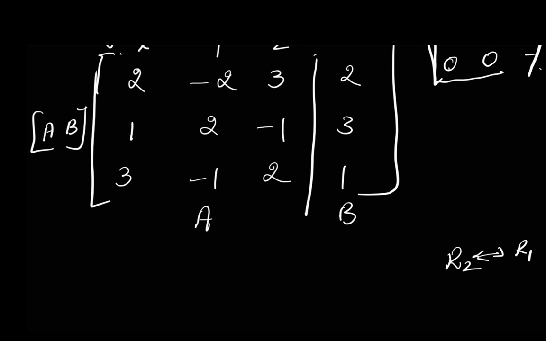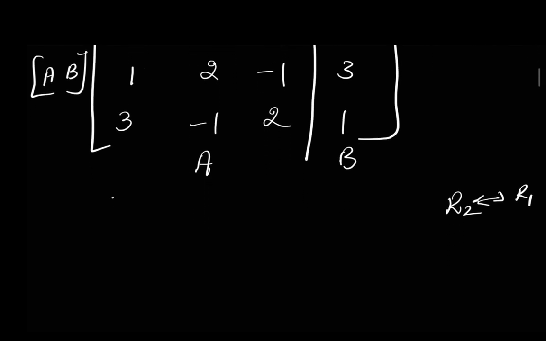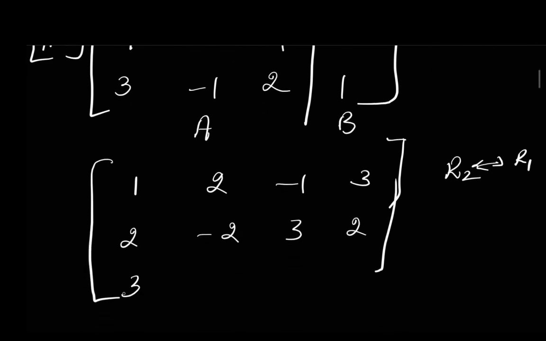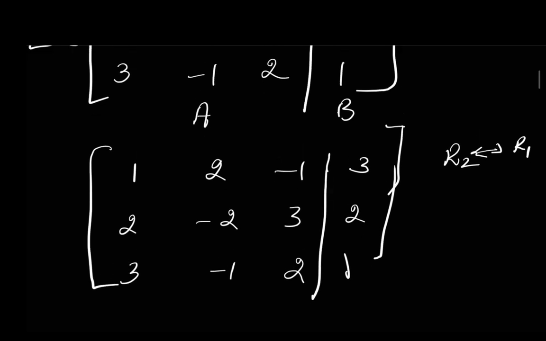First elementary transformation is, we write R2 as R1: 1, 2, minus 1, 3. And R1 is 2, minus 3, 2. Write the third one as it is: 3, minus 1, 2, 1. So this is, you put the bar between the A matrix and B matrix.